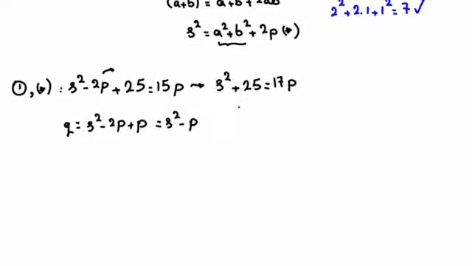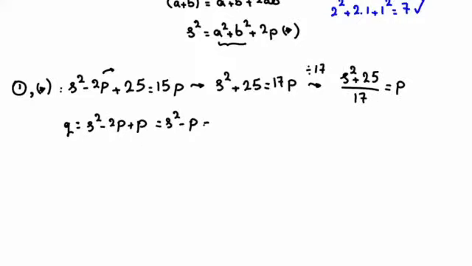Maybe you ask, how can we understand what we should replace in terms of the other one? You should check all of them. You have time and you should check all of them. If you write s squared in terms of p, you won't reach any useful things. But if you find p in terms of s and replace in the other one, dividing both sides by 17, we get (s squared plus 25) over 17 equals p.